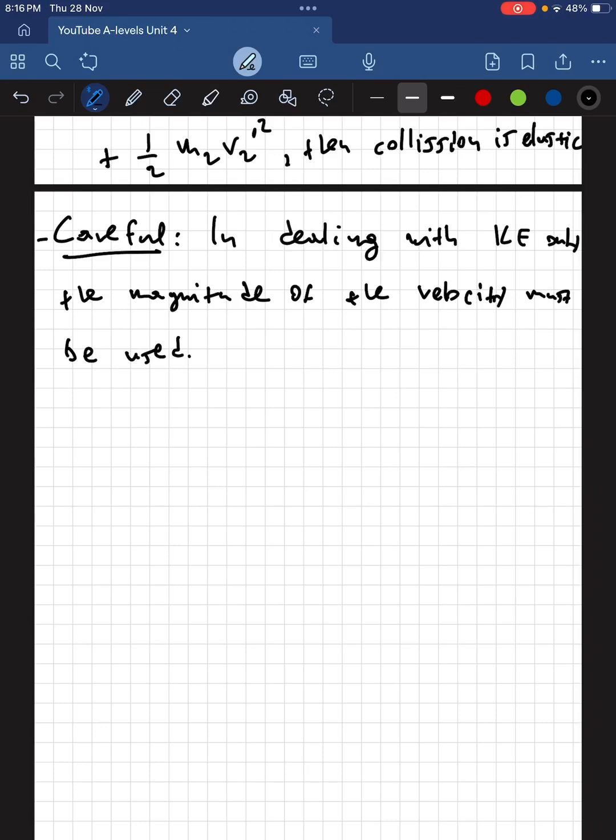So one last thing that will come handy in relationship with momentum and kinetic energy, so is the following. This is something that might be needed in momentum conservation problems, but also later in subatomic physics and stuff like that.